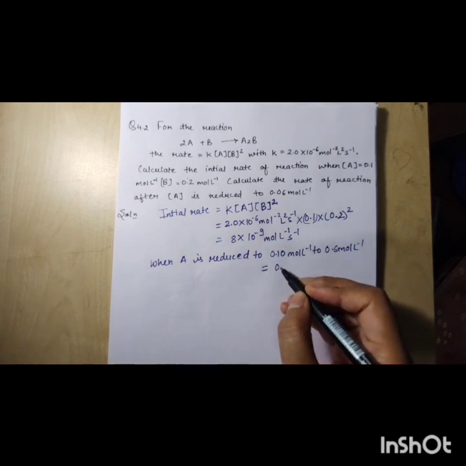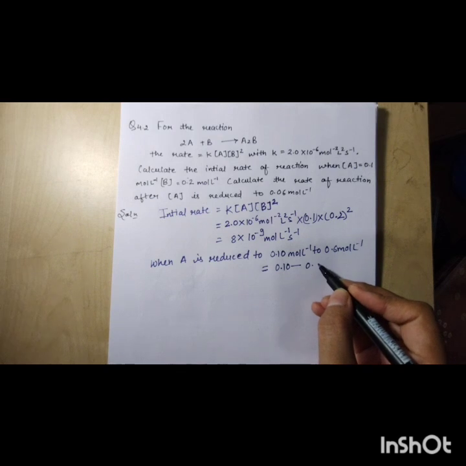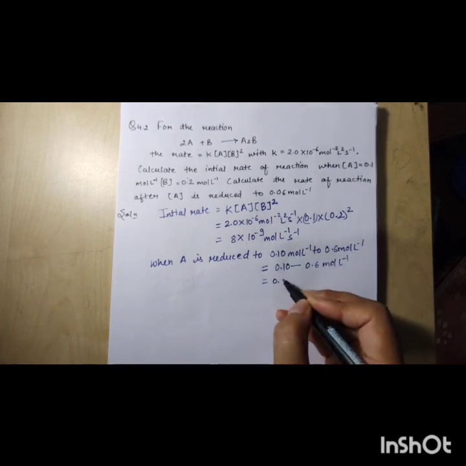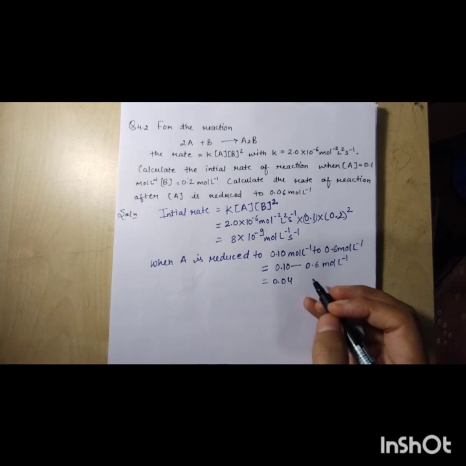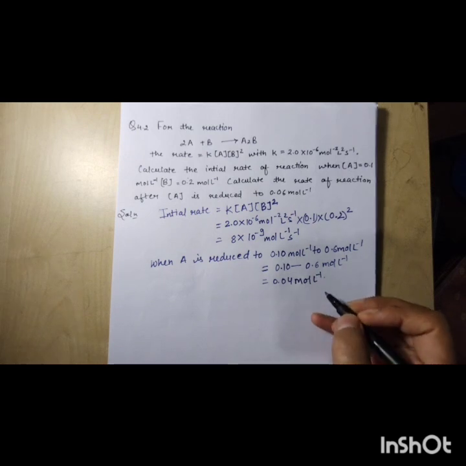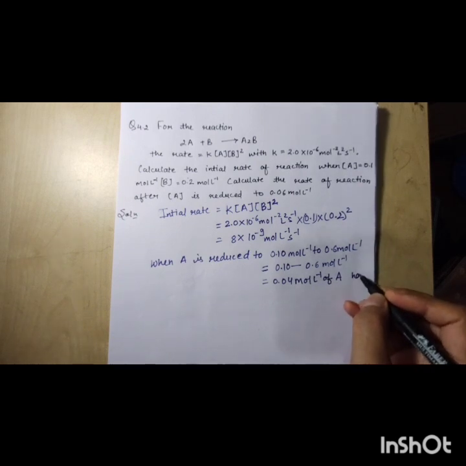We will subtract: 0.1 minus 0.06 mole per liter, that will become 0.04 mole per liter. So 0.04 mole per liter of A has reacted.